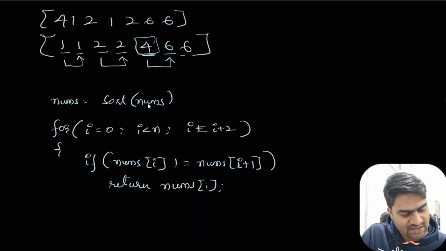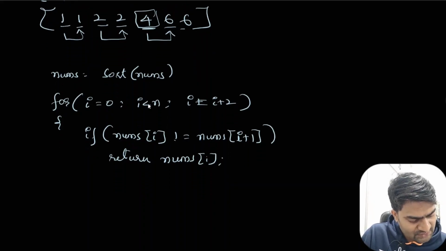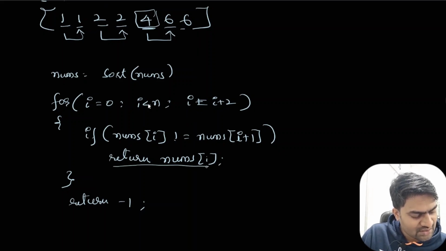This way I will find the number. Now with this we found the number, so we can simply close this, and here just to return something we can simply return -1, otherwise our function will give an error.